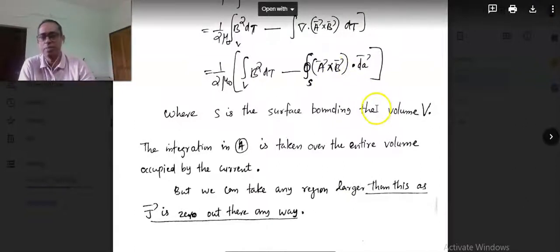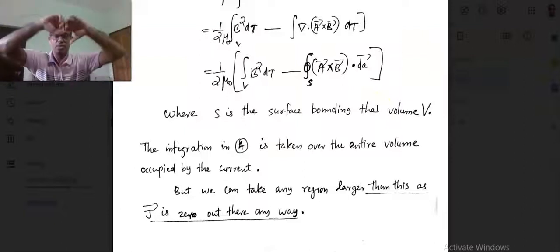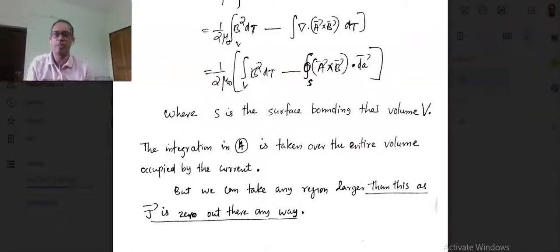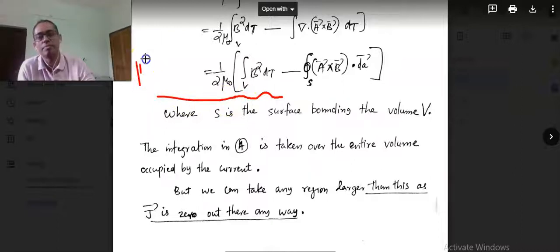There A and B will decrease as the volume increases, because the surface will be away from the current density. So this term will decrease. If you take larger and larger volume, this term will increase, but this one decreases.